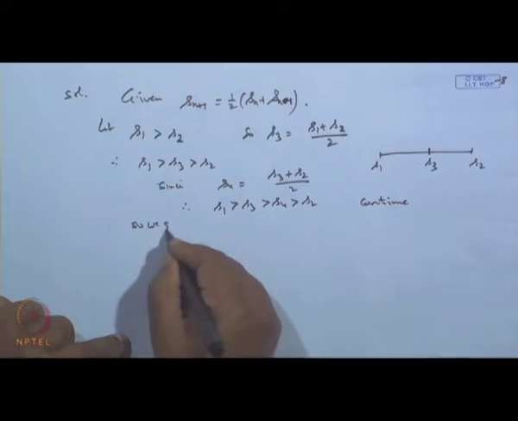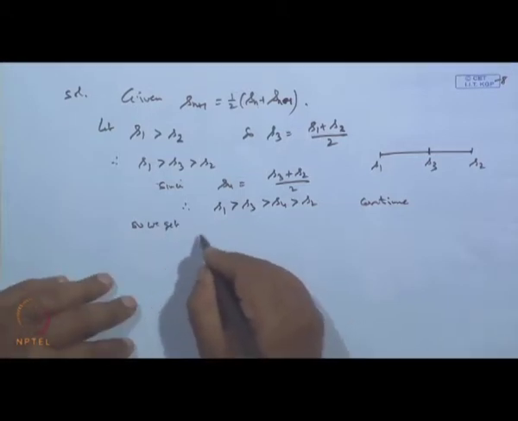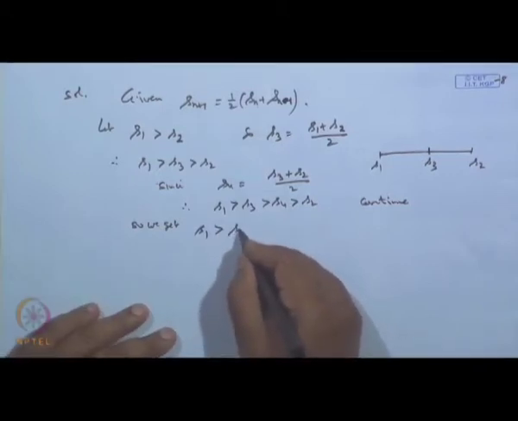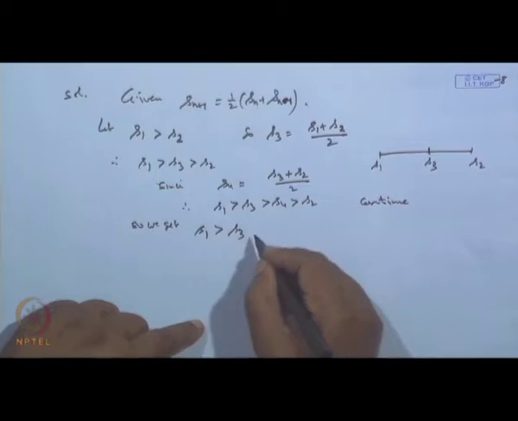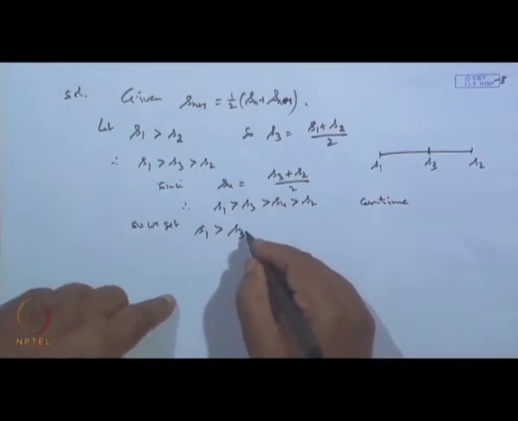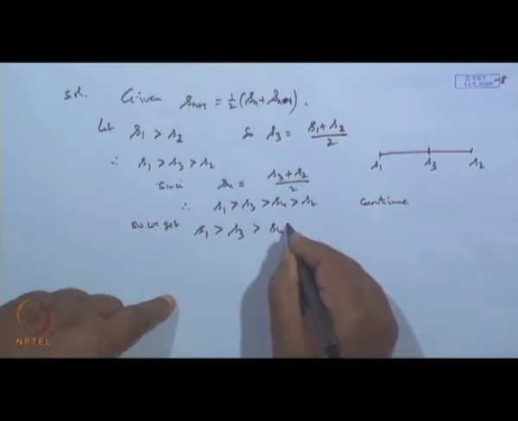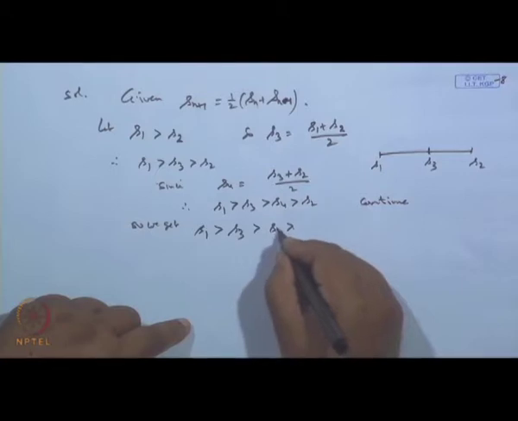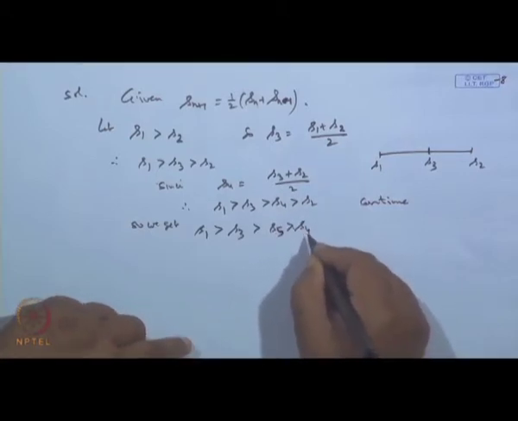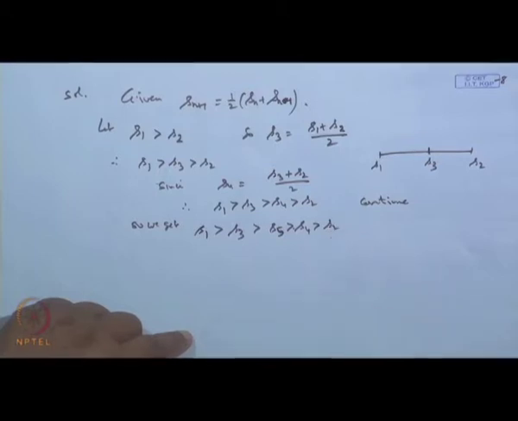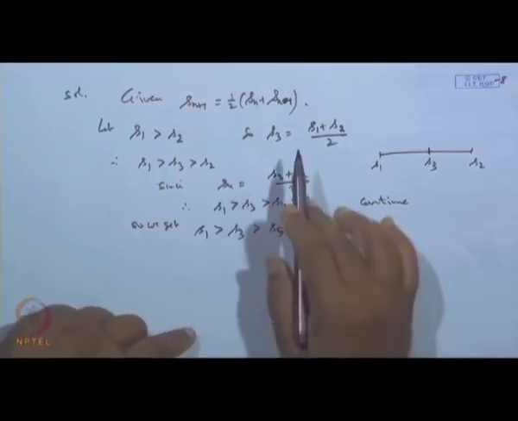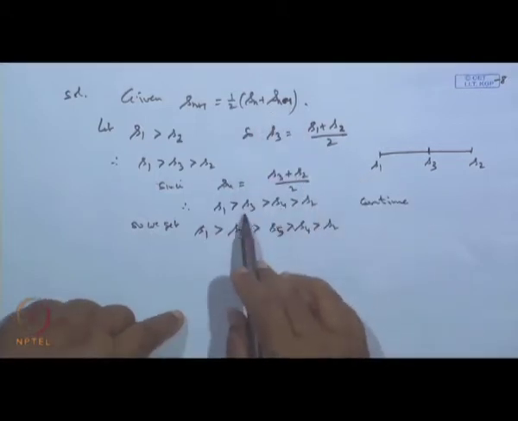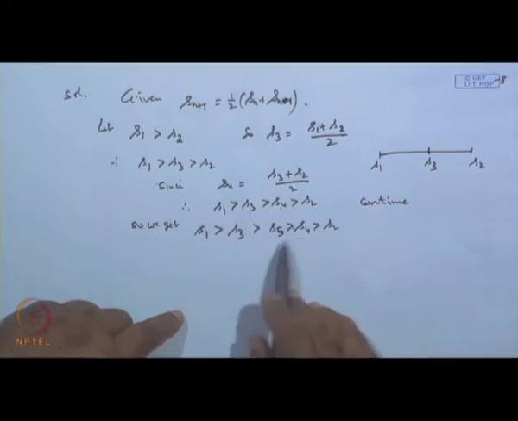So, we get S1 greater than S3 greater than S5 greater than S4 greater than S2. Say S5, what will happen? S5 is S4 plus S3 by 2, so it will lie between S3 and S4, and like this.